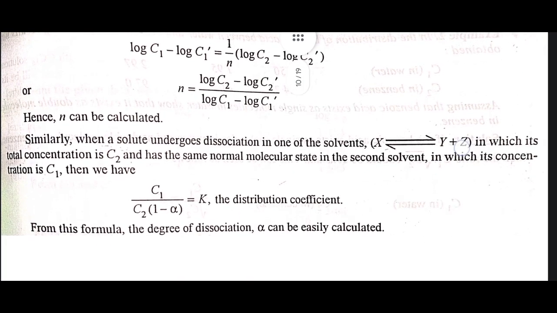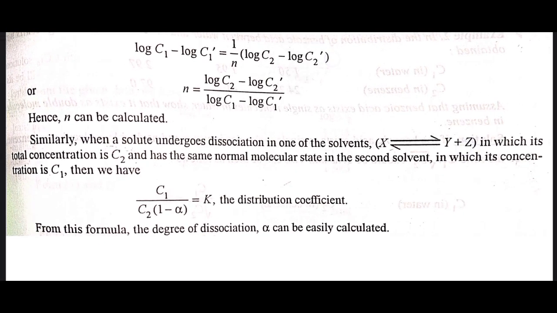Similarly, when a solute undergoes dissociation in one of the solvents in which its total concentration is C2 and has the same normal molecular state in the second solvent in which its concentration is C1, then we have C1 upon C2 of 1 minus alpha is equal to K, the distribution coefficient. From this formula, the degree of dissociation alpha can be easily calculated.